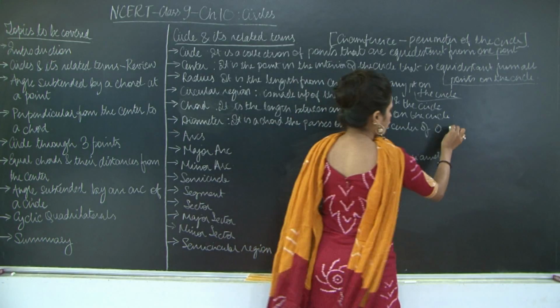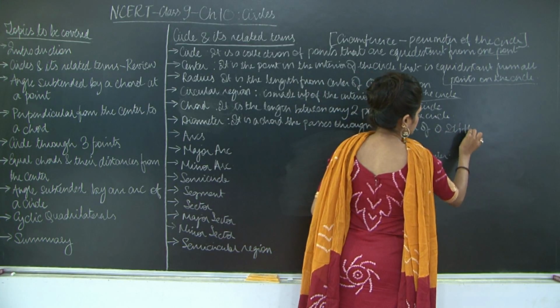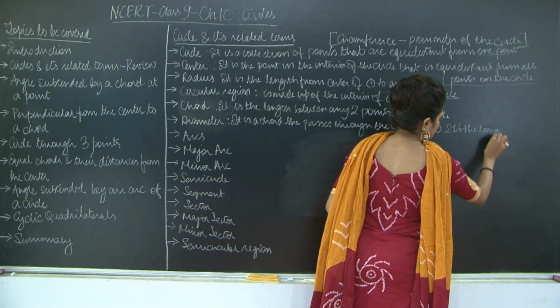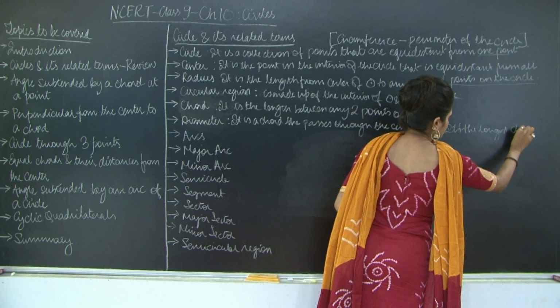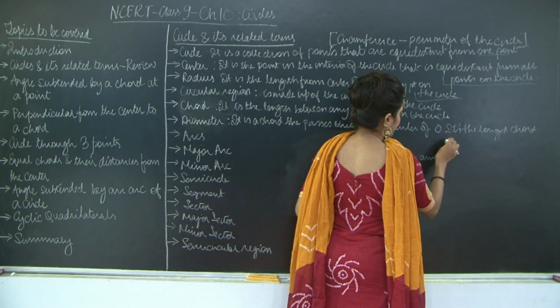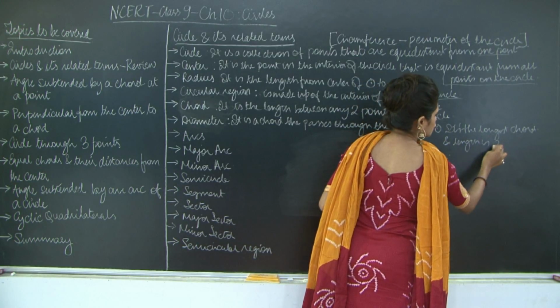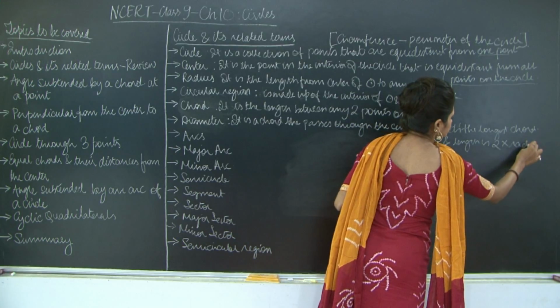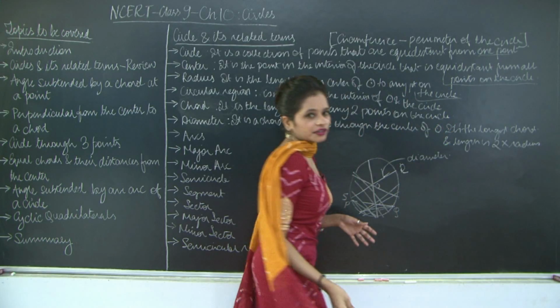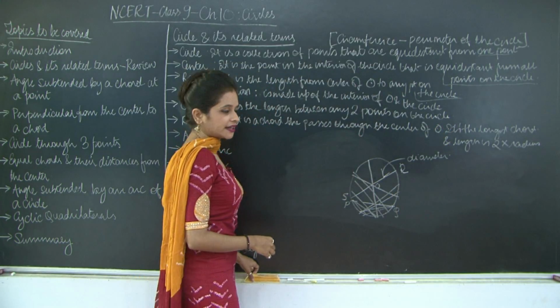It is the longest chord, and length is 2 times the radius, and we can have infinite number of diameters, right, to a circle.